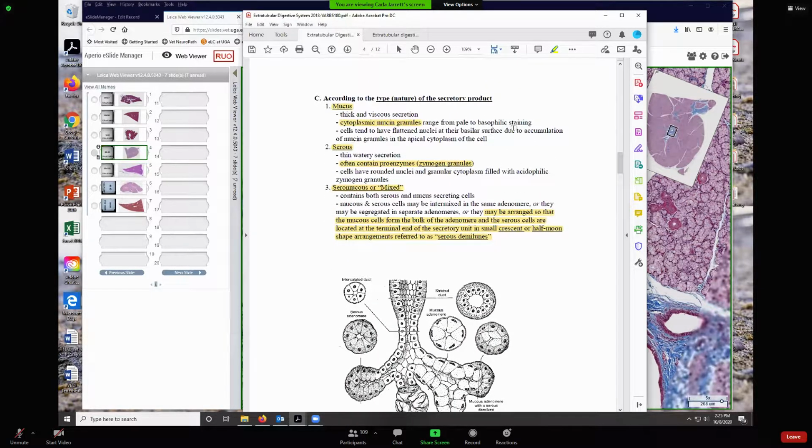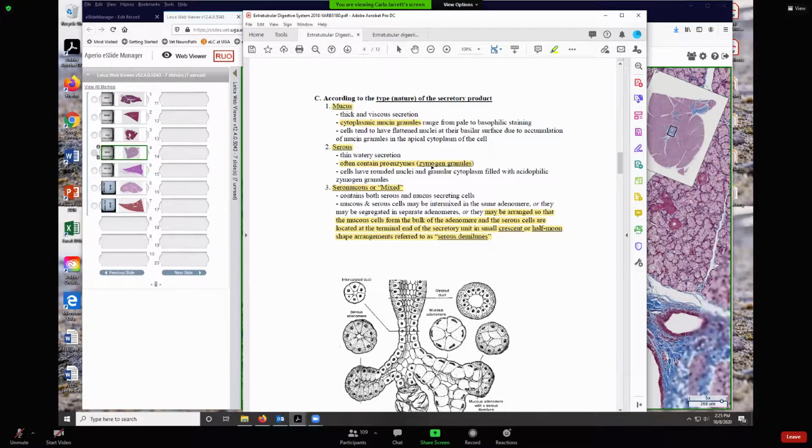Okay. Now, what about the secretory product? Well, it's fixed in the pancreas, but in the salivary glands, there can be different flavors of salivary glands. There can be mucus-secreting salivary glands. There can be serous-secreting salivary glands. There can be seromucus or mixed types of salivary glands. Mucus, the cytoplasm of the cells will have mucin granules. Serous, it'll be basophilic staining, usually, and often has zymogen granules.